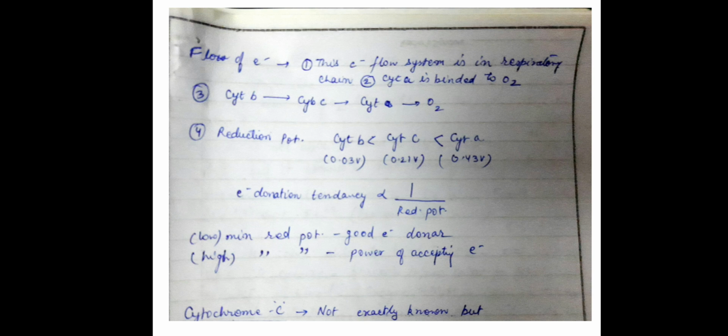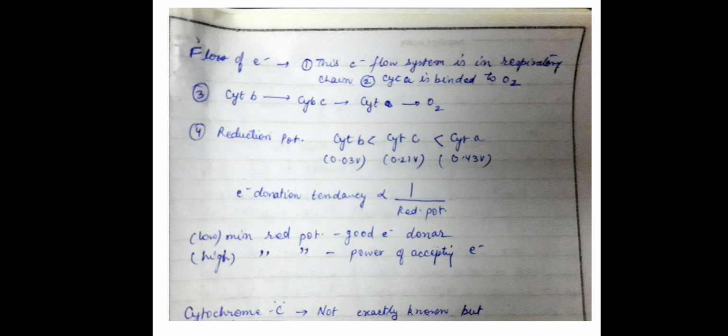Electron donating tendency is inversely proportional to reduction potential. If cytochrome B has the minimum reduction potential, then it is a good electron donor. And if any cytochrome has the highest reduction potential, it is a bad electron donor.